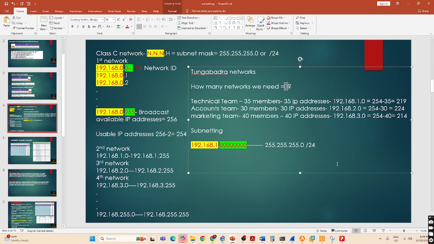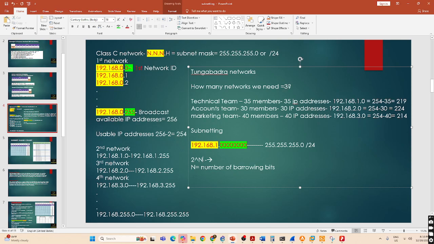3. We need 3 networks, so how many bits do we borrow? 3? No, there is a formula: 2 power n, where n equals the number of borrowed bits, should give the number of required networks. So tell me, what value of n gives 3? How many networks do we need? 3, right?